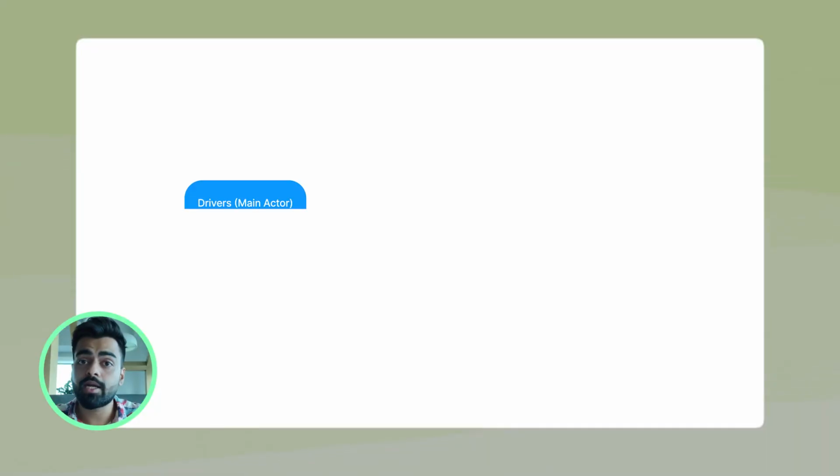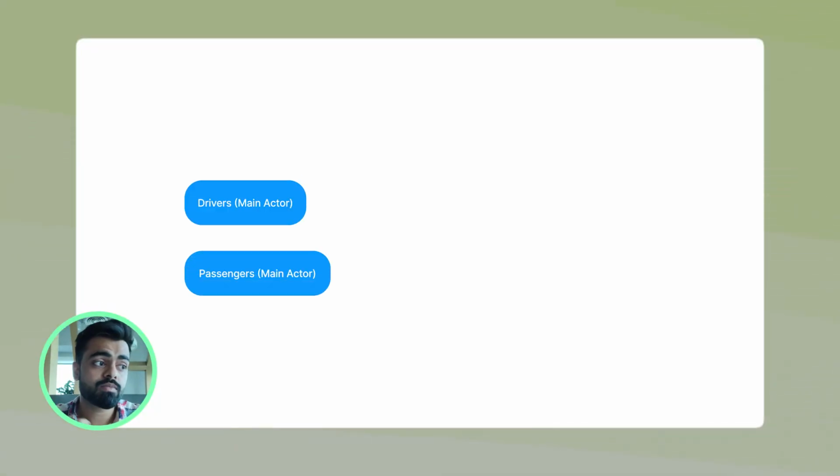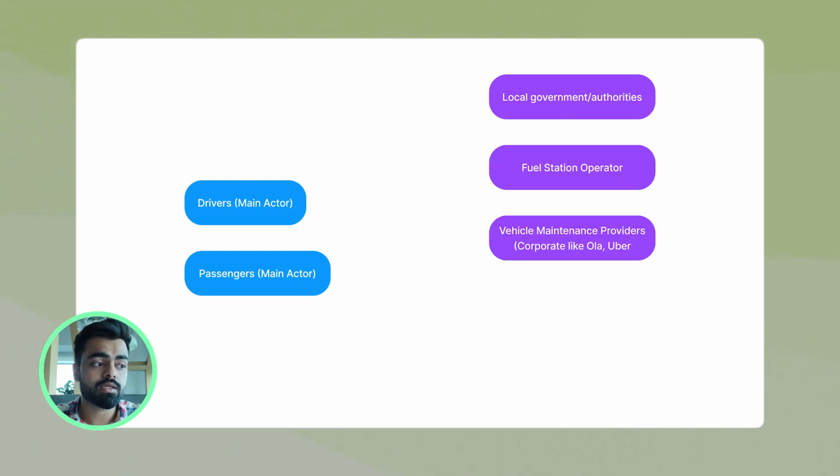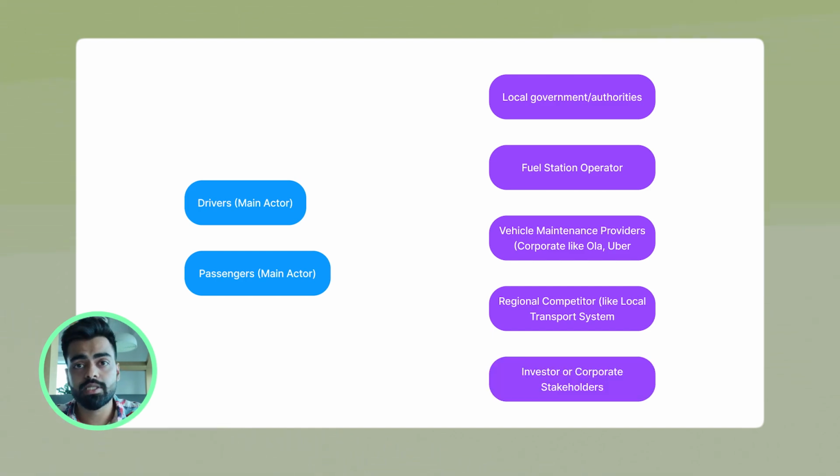The first would be the driver, the passenger, the local government and authorities, fuel station operators, vehicle maintenance providers, regional competitors, investors, or corporate stakeholders. If you have observed, one very interesting thing is that we are not just focusing on our users and our customers. We are also focusing on the ecosystem around it, right?